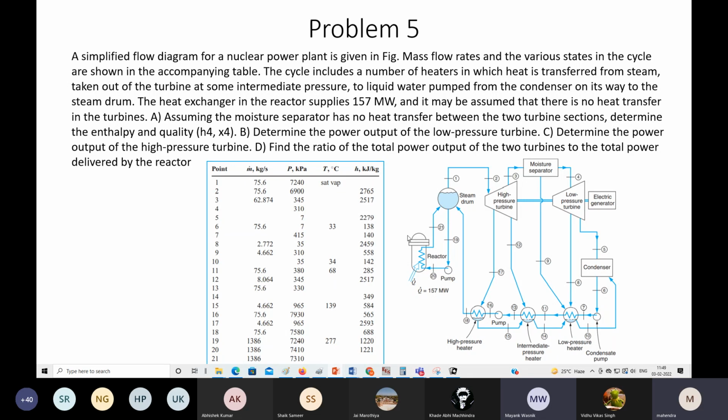Here, instead of coal, we will be using a nuclear reactor. Those reactors are like the pressurized water reactor and the fast breeder reactor, which is Indian technology actually.